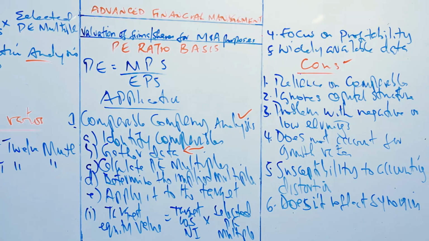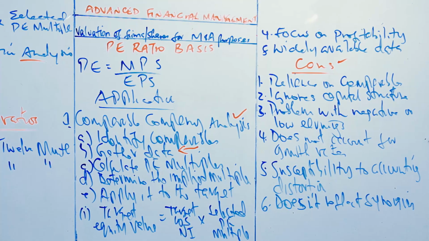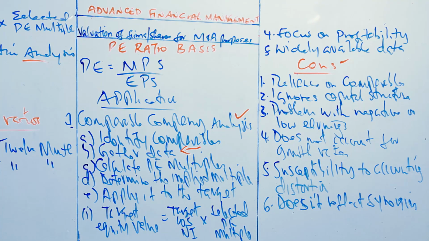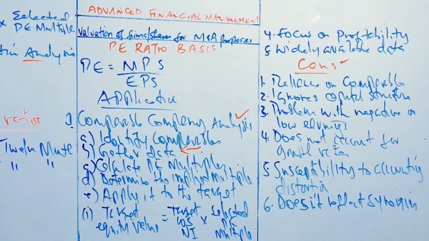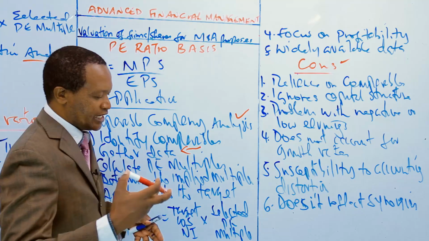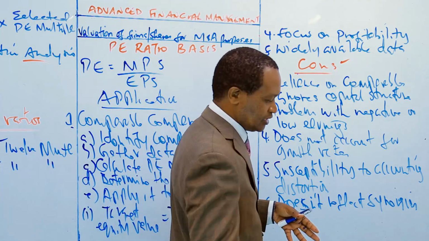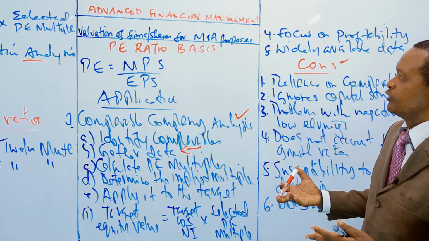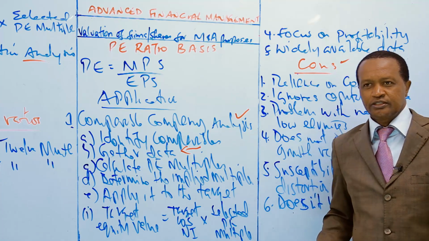However, due to its limitations, particularly its sensitivity to comparables and inability to account for capital structure or negative earnings, it is rarely used in isolation. That is to mean this method is used in conjunction with the other methods of valuation of shares.